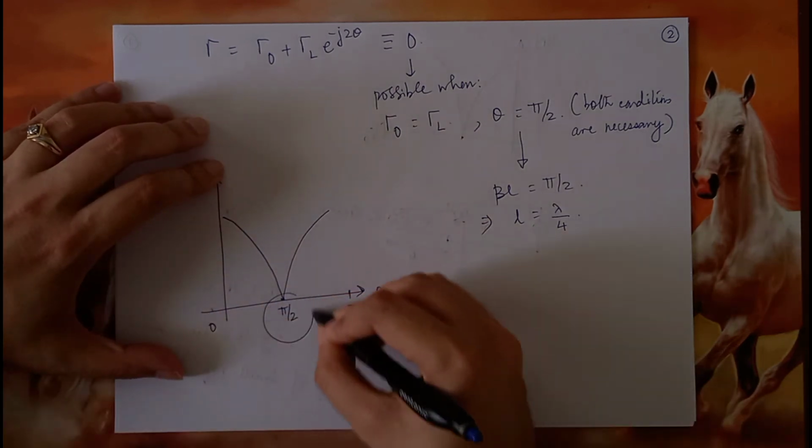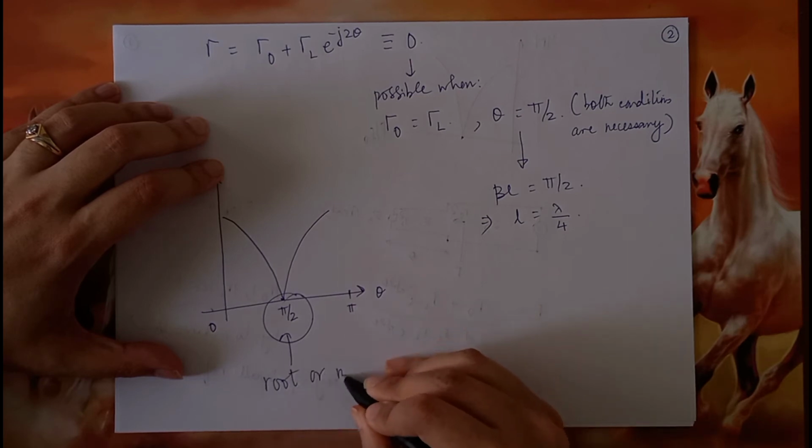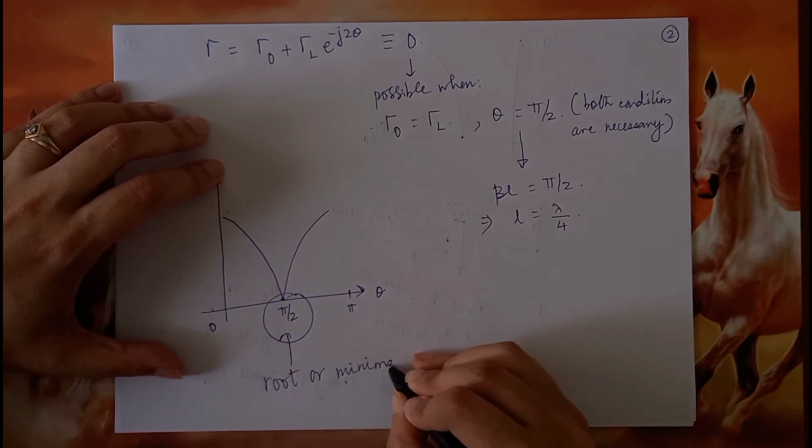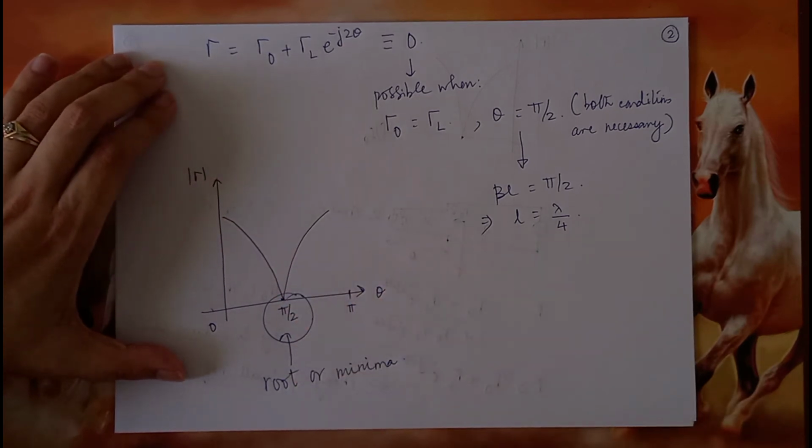So this is called a root or a minima. And as you know, this is exactly the nature of the mod gamma versus theta for a quarter wave transformer.